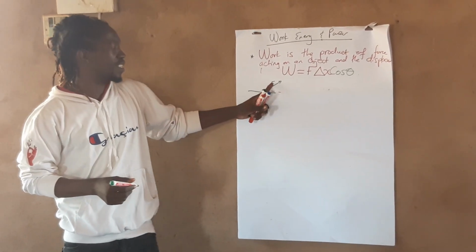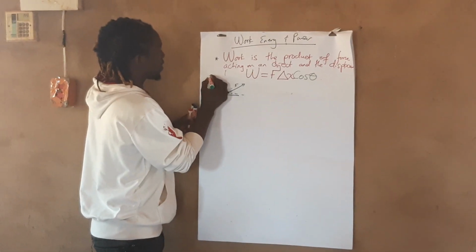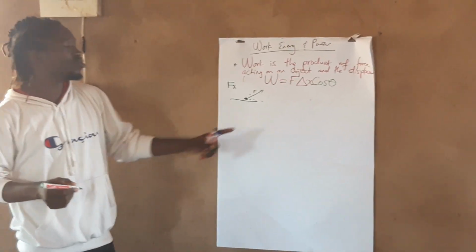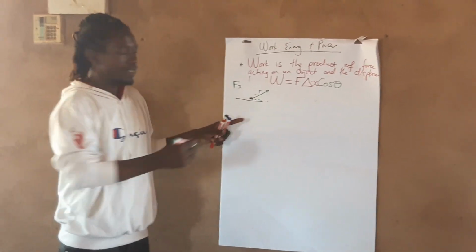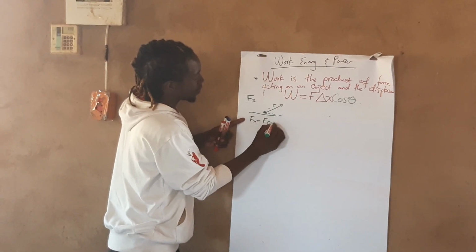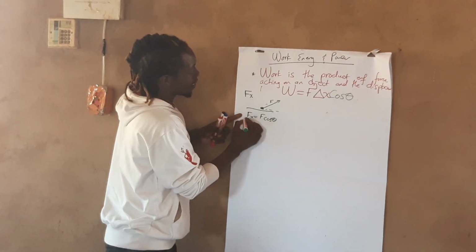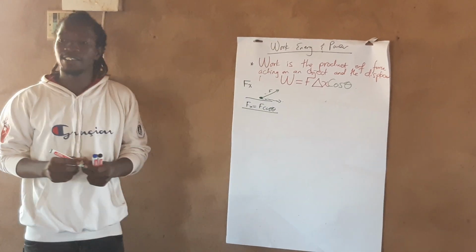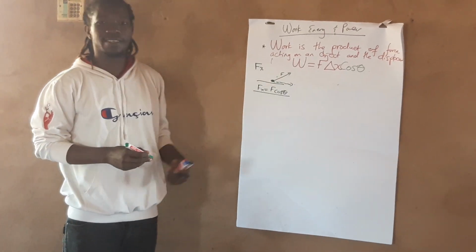If you are having a situation like this, first thing first, find your F at x. So how do you find the F at x of this object? Our F at x is equal to F cos theta, right? And you find your angle in terms of the parallel component.